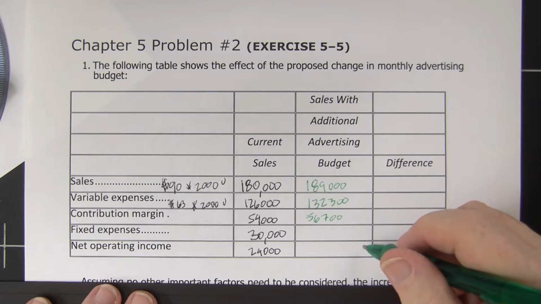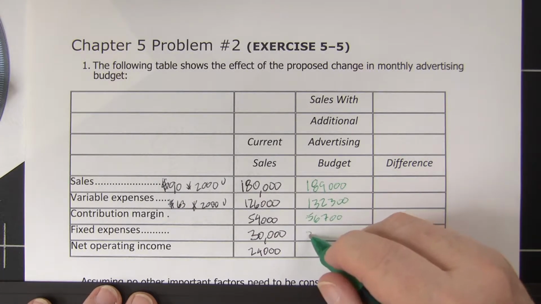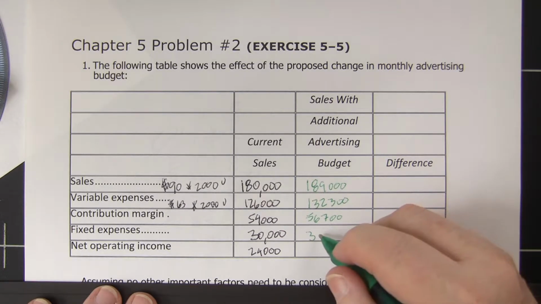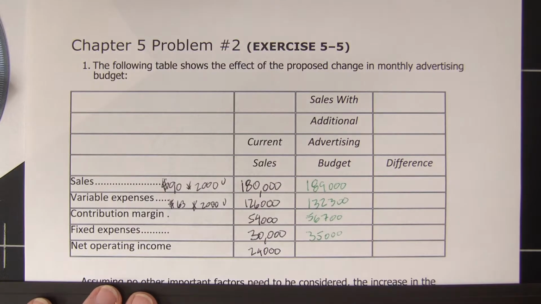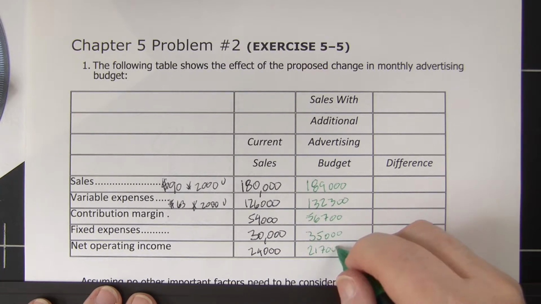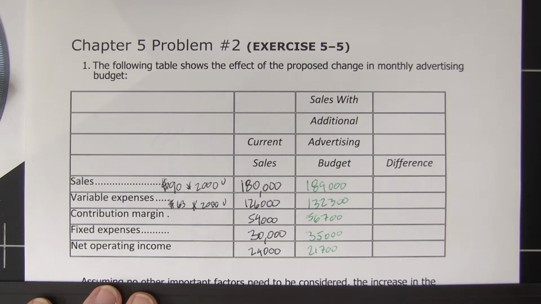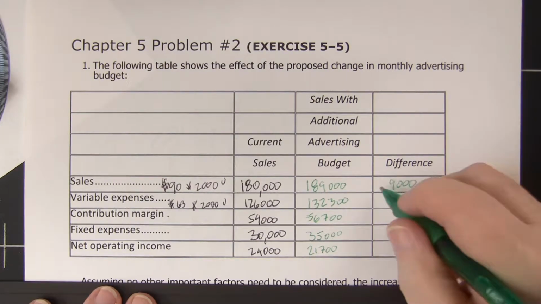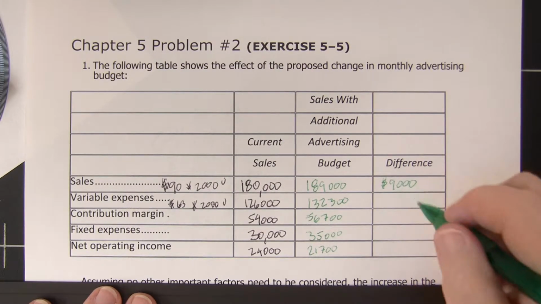Our fixed expenses are still 30,000, but we've added that advertising, so now our fixed expenses have gone up to 35,000. So our net operating income is now 21,700.